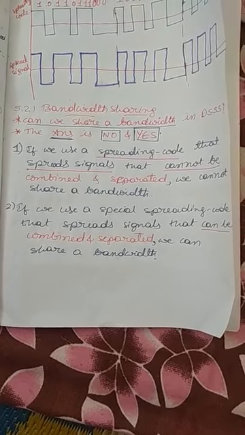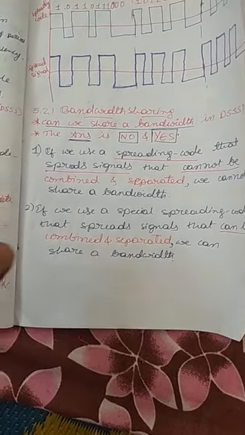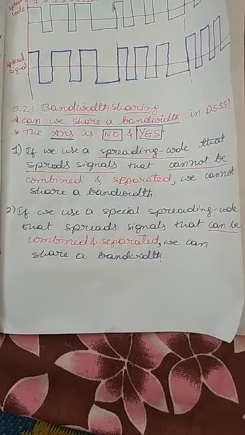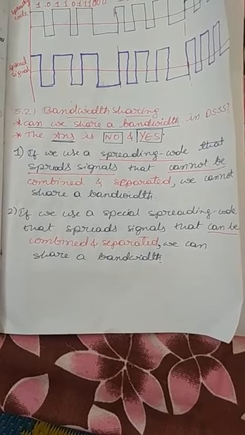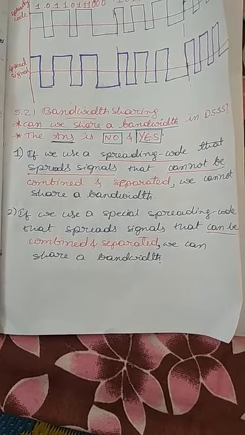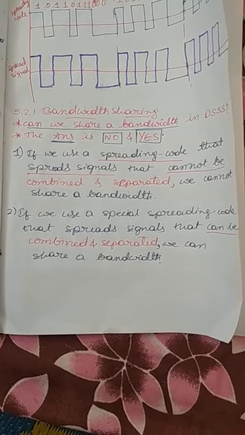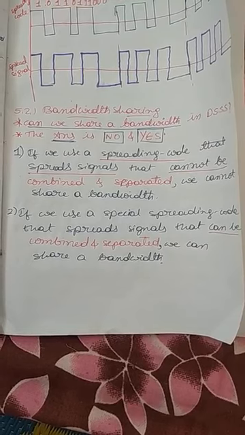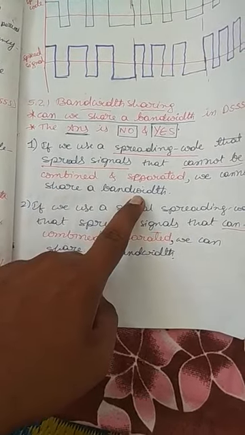When we cannot share the bandwidth: if we use a spreading code that spreads the signal so that it cannot be combined and separated, we cannot share the bandwidth. In this case, we cannot share the bandwidth.